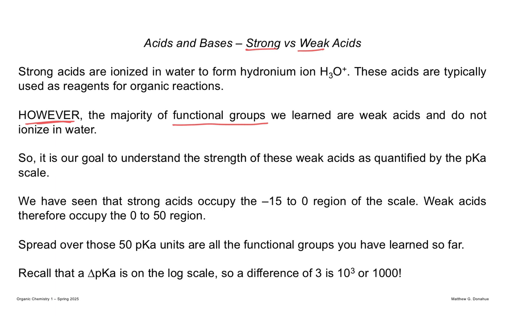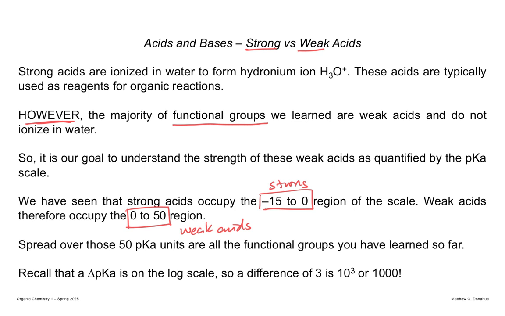And so in this region, -15 or -10 to 0, those were strong. But now we have this huge region, 0 to 50, that encompasses all the weak acids. So that's spread over 50 pKa units.